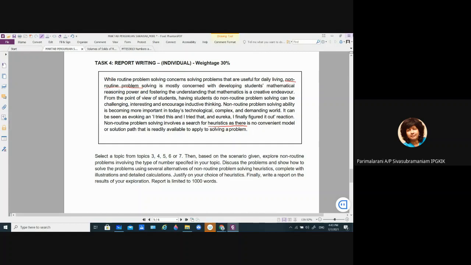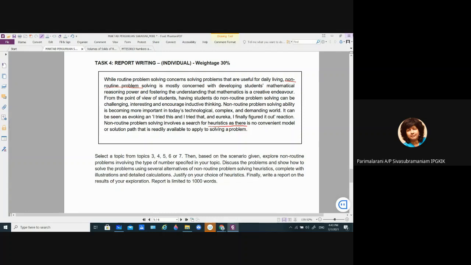Okay, many of you tend to choose topic 3 because by the time you start this assignment, you will be studying topic 3. So you tend to choose topic 3, but don't be afraid to try out other topics as well. Maybe topic 6, 7, maybe you can find good problems there. Okay, because this coursework is on your own. You have to do your own research and reading.